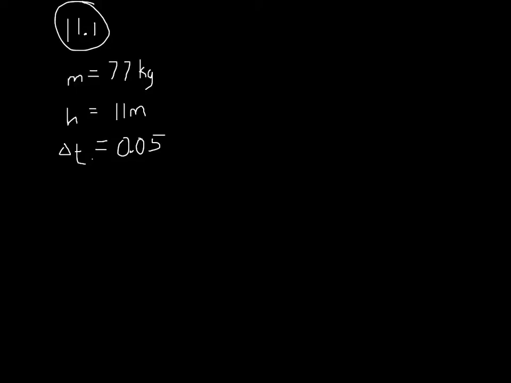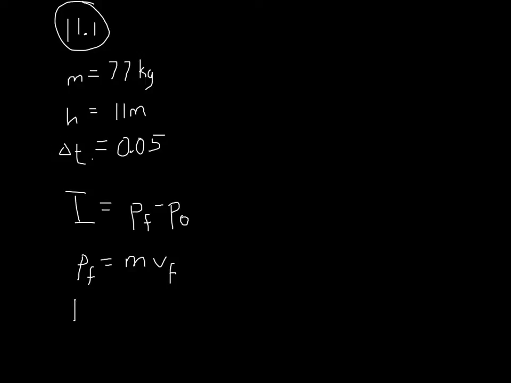So impulse should get us thinking I is equal to the final momentum minus the initial momentum. That's what impulse is, a change in momentum. I know my final momentum is equal to my mass times my final velocity.